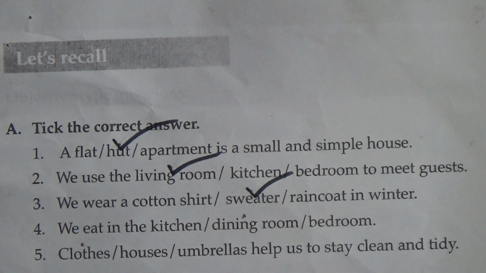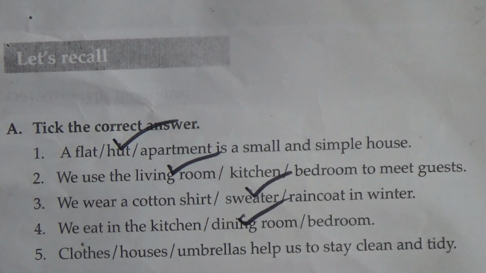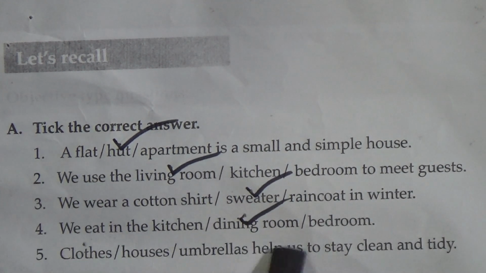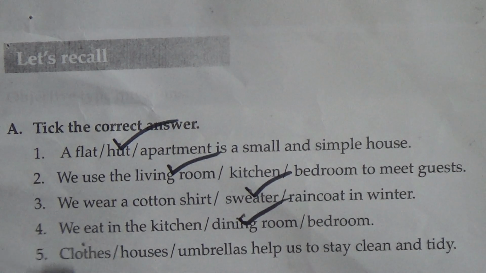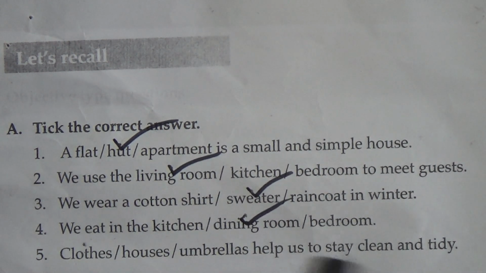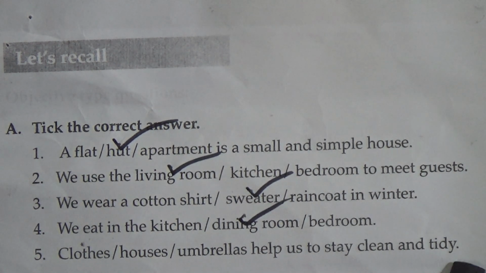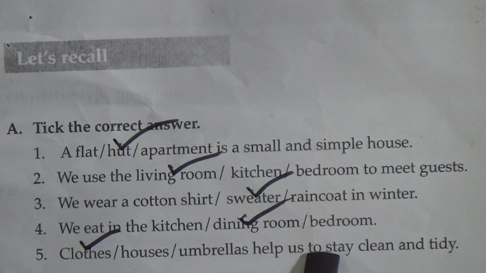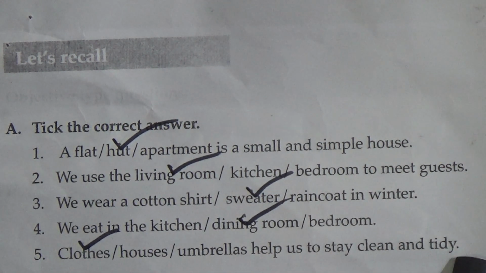This answer is dining room. We eat in the dining room. Number 5. Clothes, house, umbrella help us to stay clean and tidy. This answer is clothes. Clothes help us to stay clean and tidy.